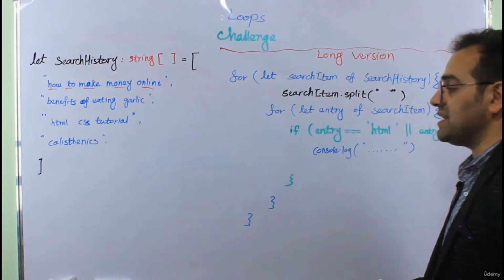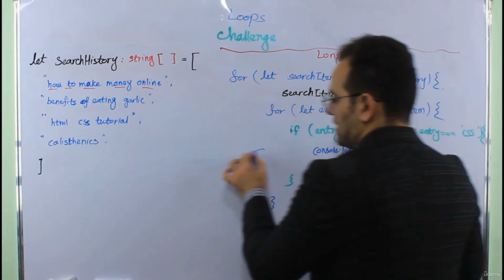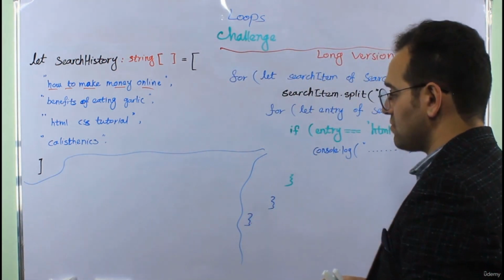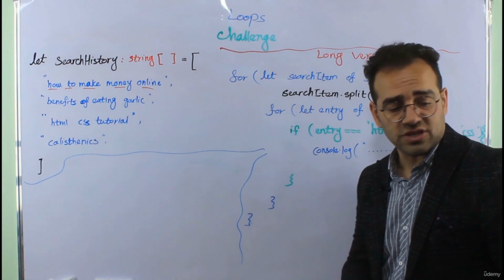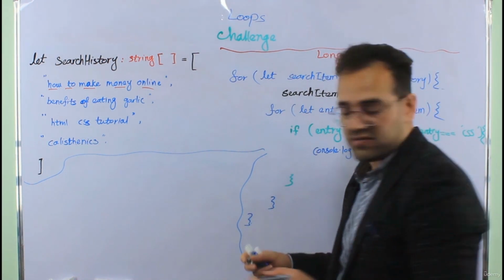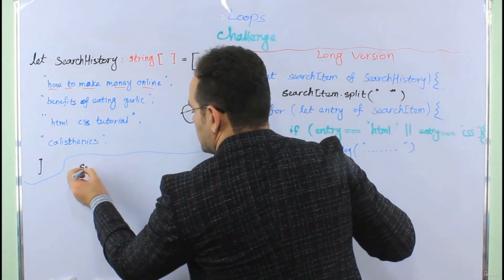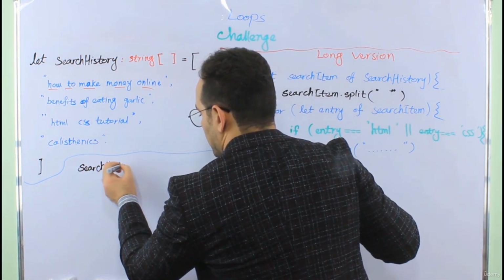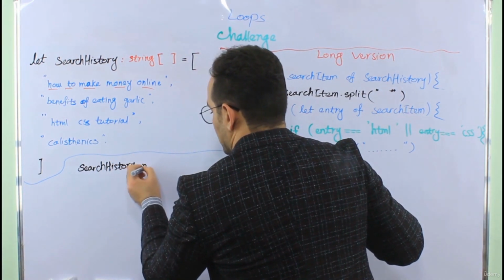We are going to go through the shorter version. And I could just write the shorter version right here. So the shorter version is using the map method. And I'm going to be a little bit quick since we don't have a lot of time. I'm going to get the search history, and I'm going to say dot map.